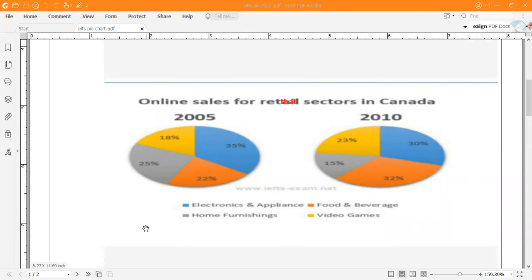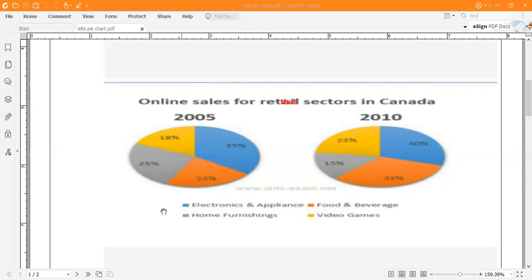Okay, so we can say as the pie chart obviously illustrates that in 2005 the electronics and appliances online sales were at the top of the list, scoring 35% of the total online sales for retail sectors in Canada. However, this percentage has decreased a little bit in 2010, scoring 30% only. That's right. Good. Yes, Saber, can you choose the last one?